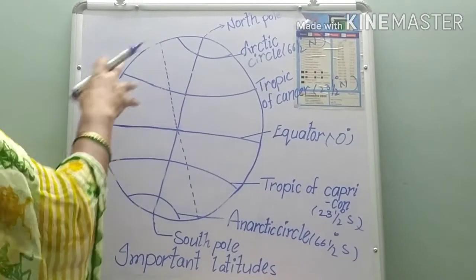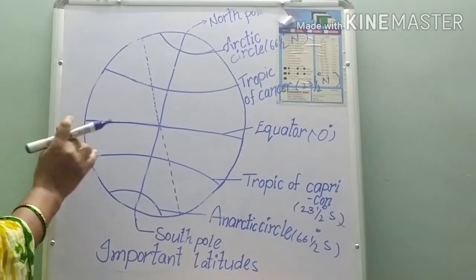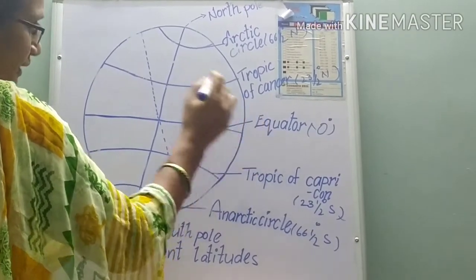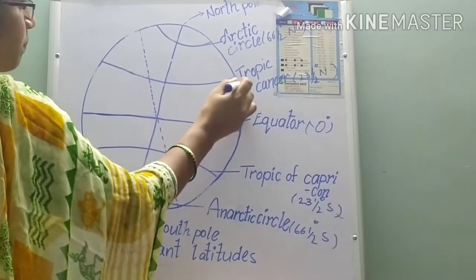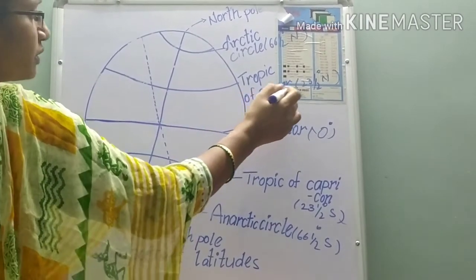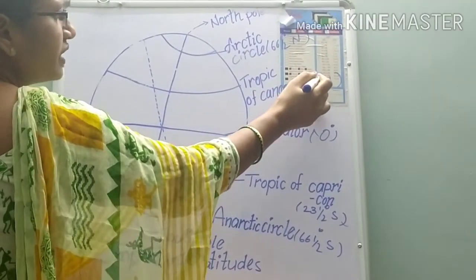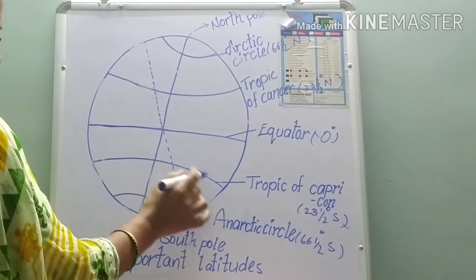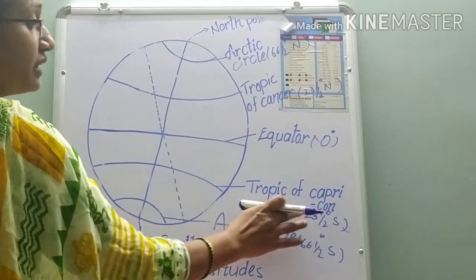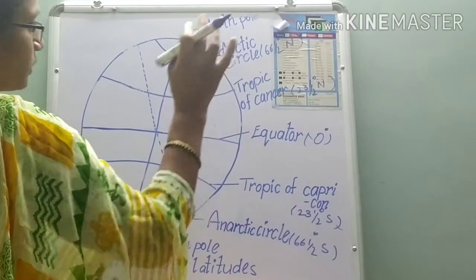This we can see in the diagram. This is the equator, which is at 0 degrees. This is the Tropic of Cancer, at 23.5 degrees north. Coming to the south, the Tropic of Capricorn is at 23.5 degrees south.